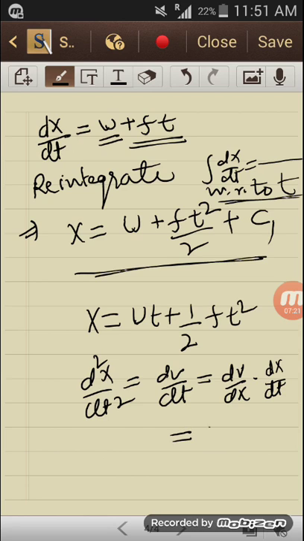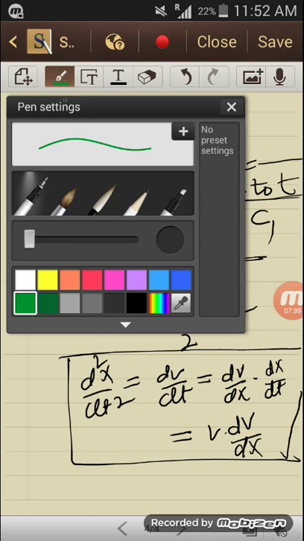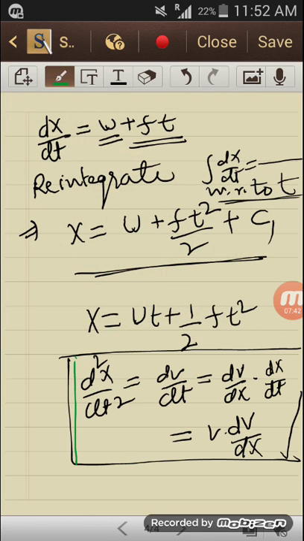So dx by dt is v, and we can write this as v dv by dx. This is a very simple thing, keep it in this box. Later I will mark this equation.